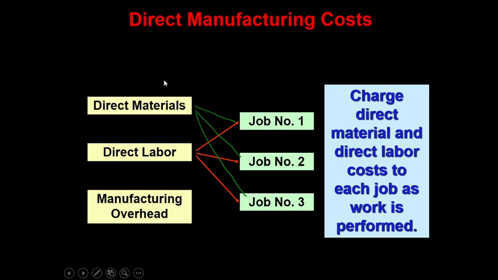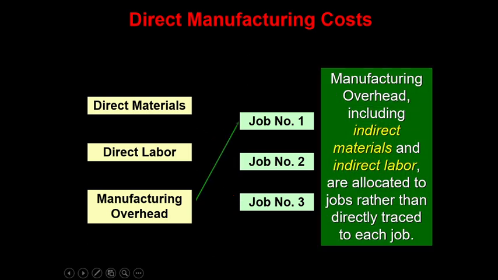For direct manufacturing cost, we trace them to each job. But for manufacturing overhead, they are simply allocated. We allocate them because, as we said earlier, indirect cost cannot be directly traced.